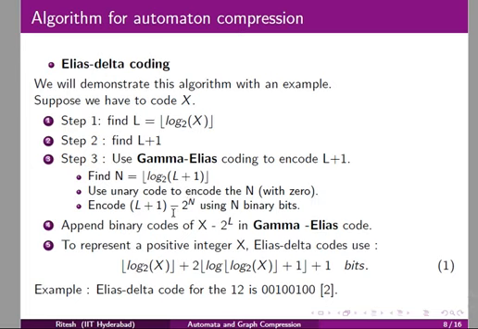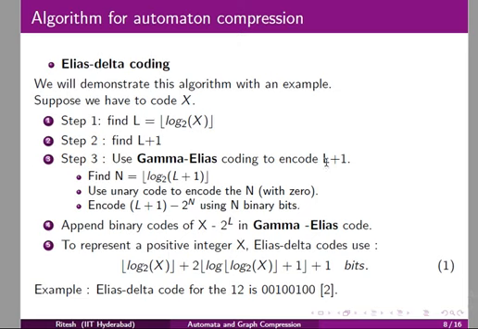Then we find L plus 1 minus 2 raised to power n using n binary bits. L plus 1 is 4, and 2 raised to power 2 is also 4, so the result is 0. With n being 2, we represent 0 with 2 bits, and it will be 0 0.